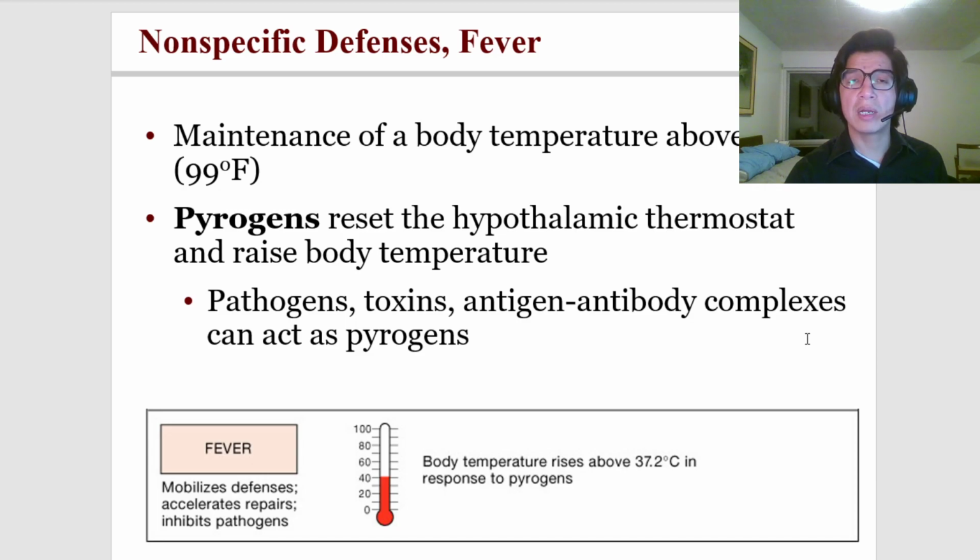You also have fever as a non-specific mechanism. Pyrogens stimulate your thermostat within your hypothalamus, and this allows the temperature to be raised through increased metabolism.